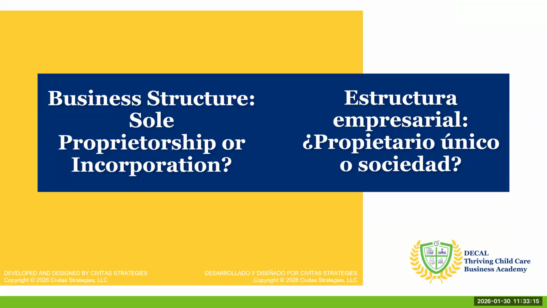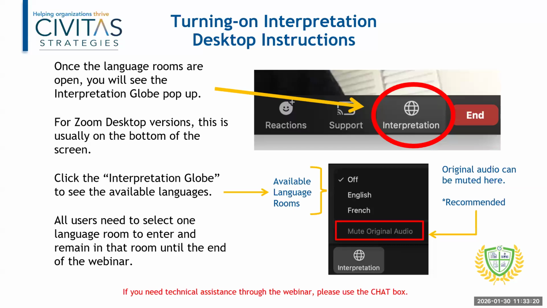Next slide, please. Okay, thank you, everyone. Good day. Today we will have simultaneous interpreting available. So for those of you that speak Spanish, you will be able to listen to me speak in Spanish. Regardless of that, those of you that speak English, in a moment you will see that once the language rooms are open, you will have the interpretation globe pop up.